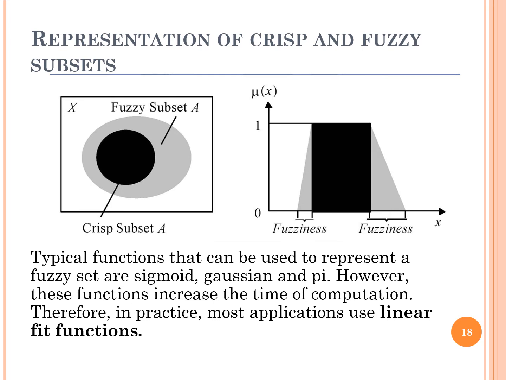If you use these functions to represent a fuzzy set, then it's going to take time and space for computation. So normally in practice, most applications use a linear fit function. As you can see in the previous diagram, we just use the linear fit function.